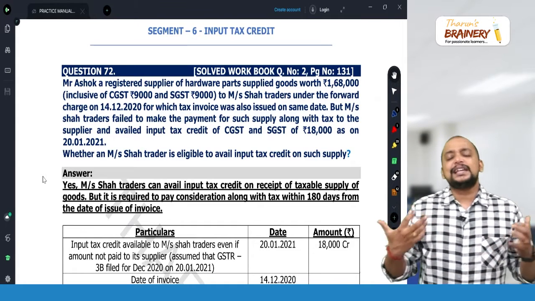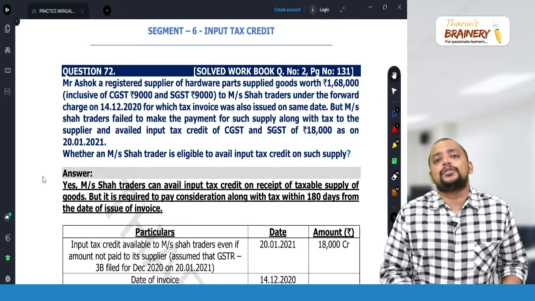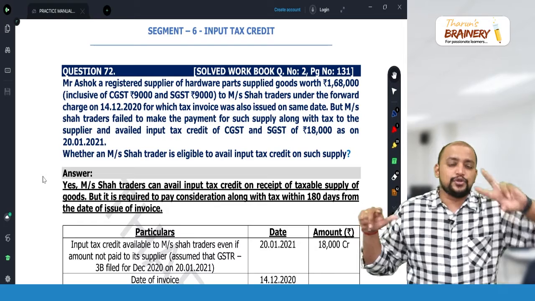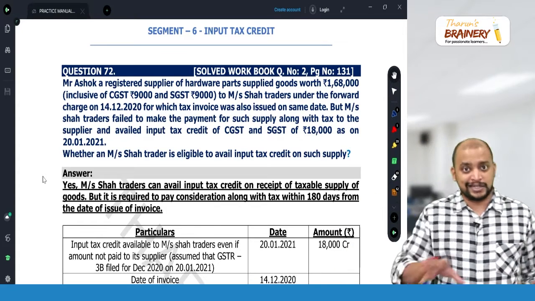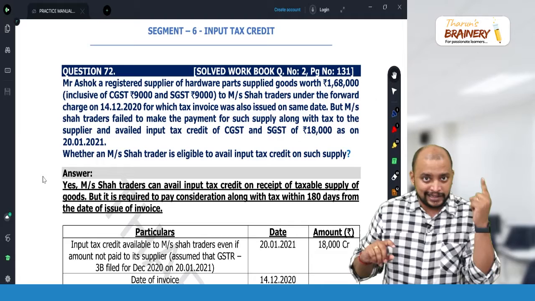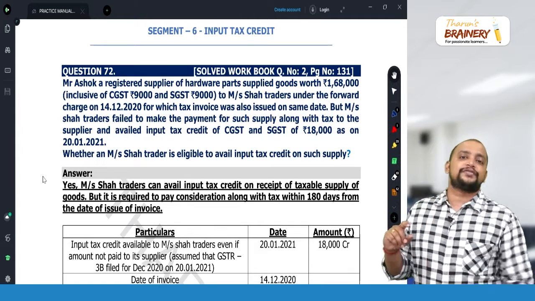Now, is there any condition that only when we make payment to the supplier can we take credit? No such condition. Again I am repeating the 6 conditions, 2 basic and 4 additional. Number 1, only a registered person can take. Number 2, inward supply should be used or intended to be used in the course or furtherance of business.